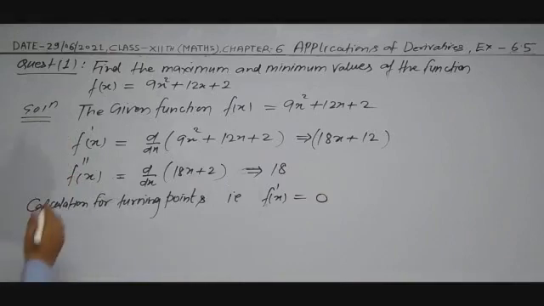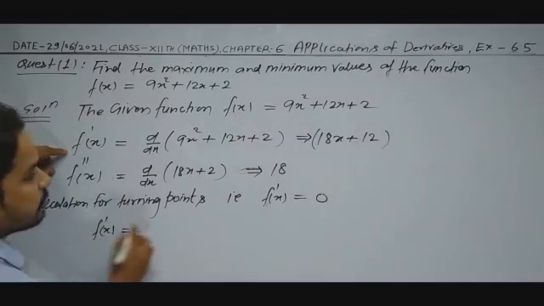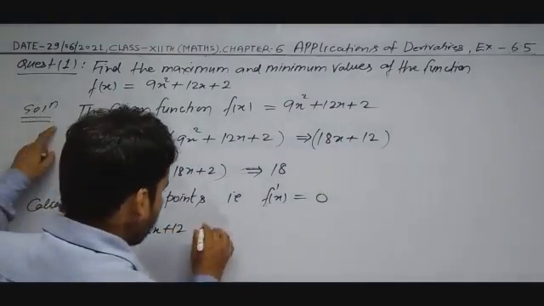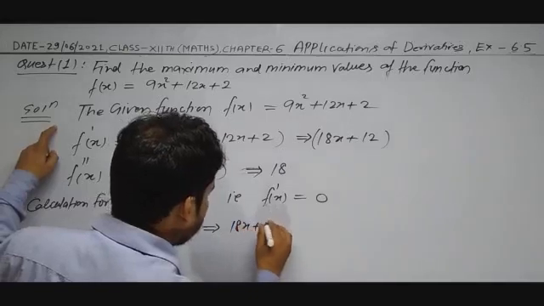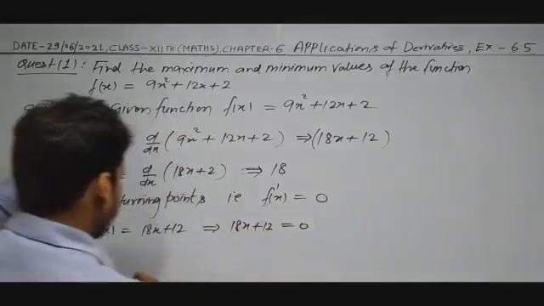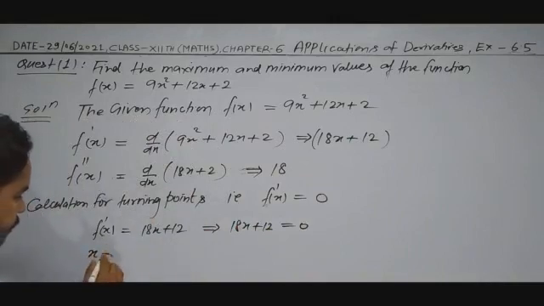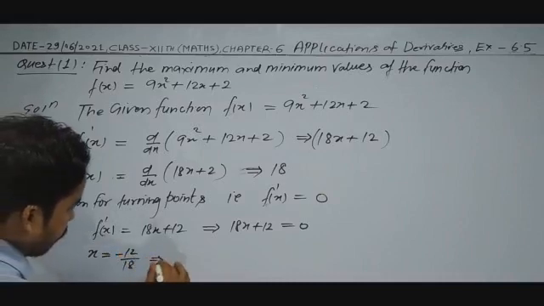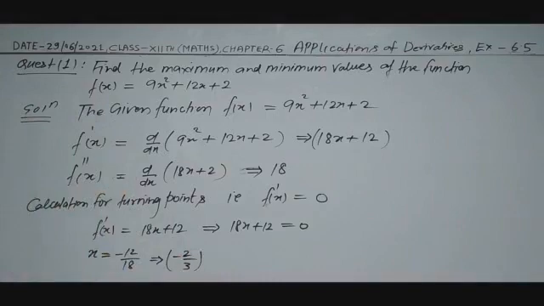So now you will equate f'(x) to 0. The f'(x) result is 18x + 12. This implies 18x + 12 = 0. This implies x = -12/18. Its result will be -2/3. So this is the turning point.